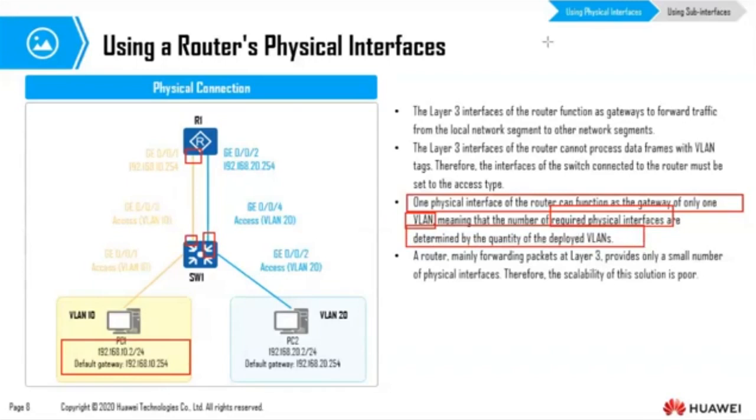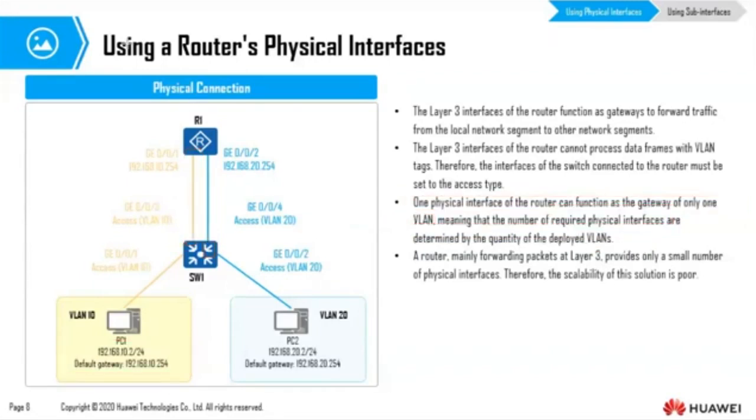Now, as we know, especially routers, here we're using routers' physical interfaces. One of their shortcomings is that they come with few physical interfaces, right? Like the one we have, how many physical interfaces did it have?